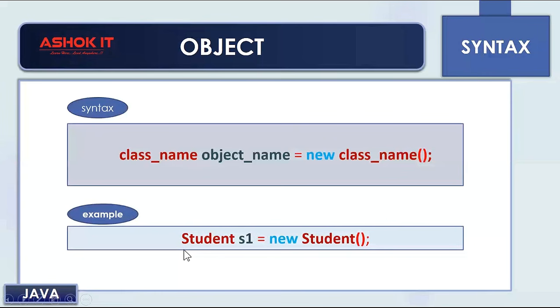For the Student class, we can create an object like this: Student, the class name, followed by the object name S1, which is user defined. We can give the object name according to requirement, equal to new Student(); this line creates object S1 for the class Student. For a single class, we can create n number of objects, and every object of a class will inherit the variables or methods defined in that particular class.